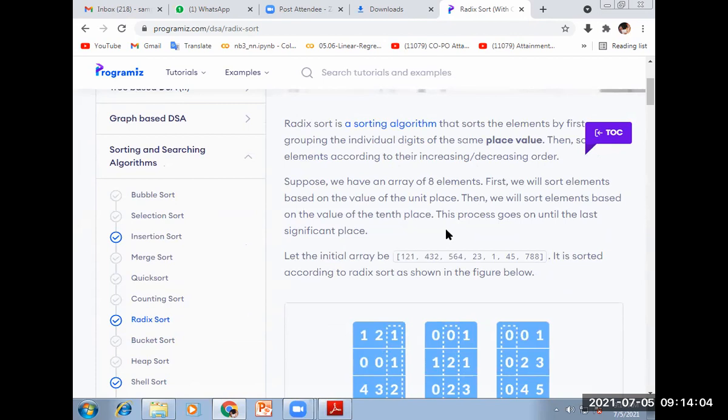The table consists of the numbers 0 to 9, the index 0 to 9.